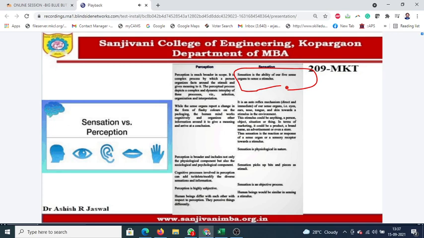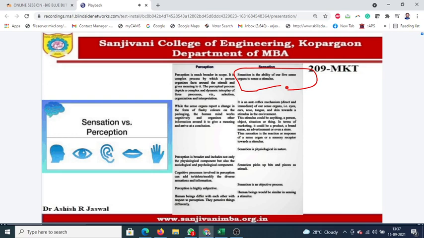That means sensation is a reaction or response of a sense organ or sensory receptors towards a stimulus. If I look at a brand, my eyes will catch that particular brand. So the sense organ that has come into the picture is the eyes, and it has caught the brand name or the packing. That is what I mean in terms of sensation.